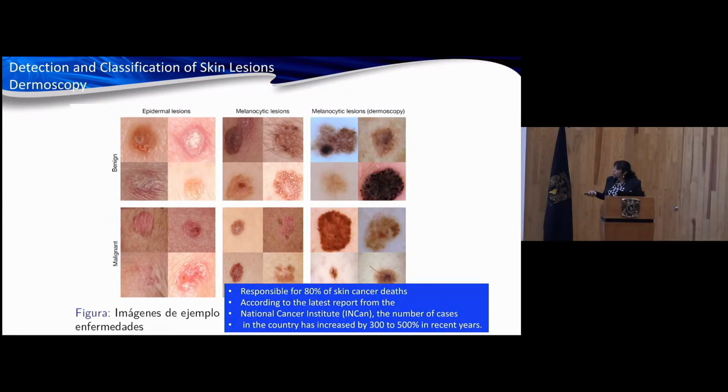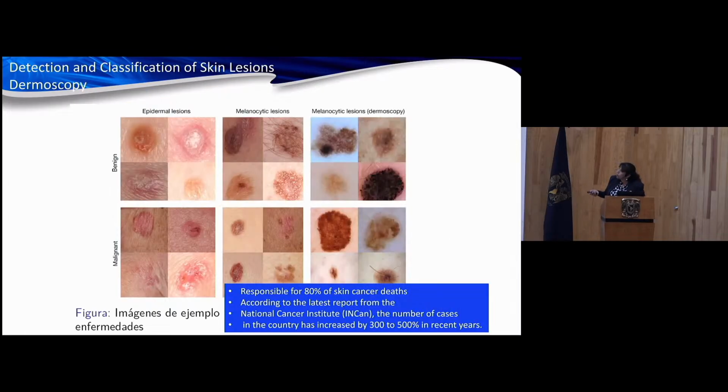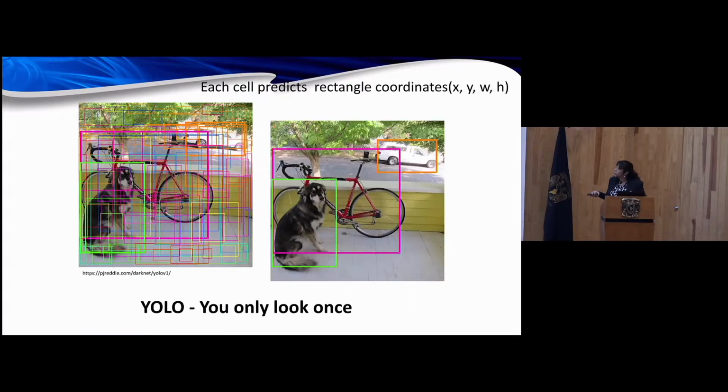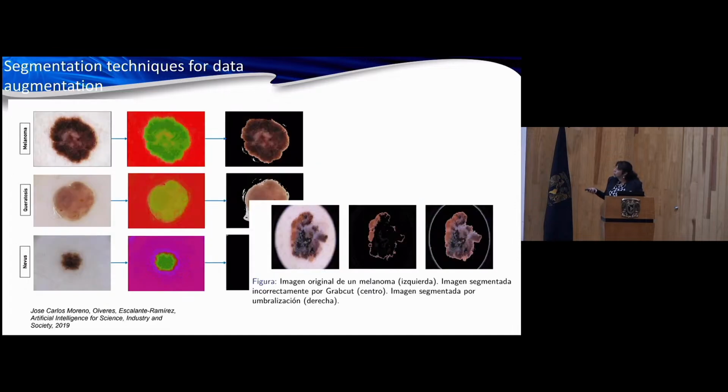And also, as we said, there are other problems, for example, in using YOLO, that we want to use for detection and classification of skin lesions. Well, the first time that I used it, we didn't have that many images of these melanoma examples. But in order to get more augmentation, we used these images and their segmentations, by different algorithms of classical segmentation.